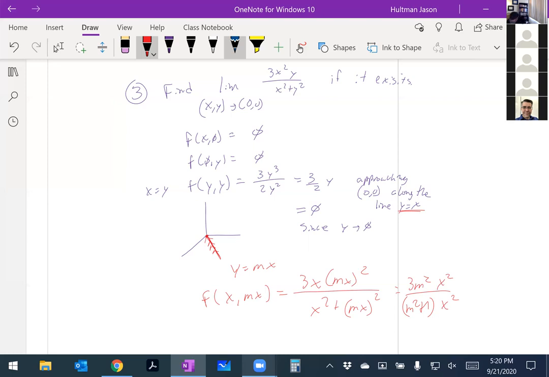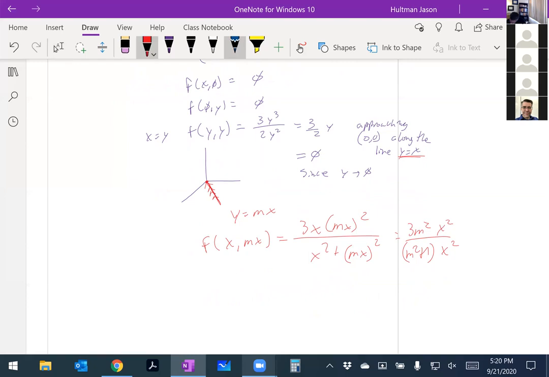Then the x squareds cancel out. Wait a second, no, they do not cancel out because I left off an x. This is 3x times m squared x squared. There we go. These x squareds cancel out. What I'm left with is 3m squared over m squared plus 1 times x.